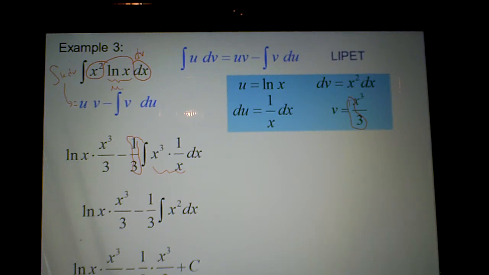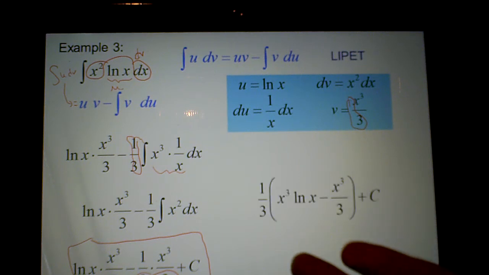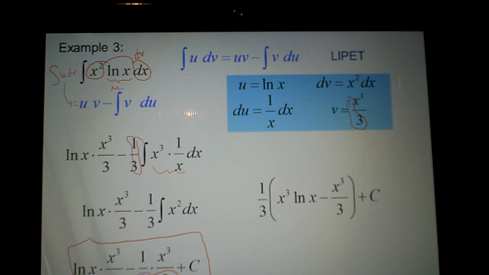Now, if I'm doing my work, a long answer, I'm pretty tempted to leave my answer like this. Maybe I'll multiply the 3 times the 3 and get the 9. If I'm doing a multiple choice problem, I will just clean it up until I match one of the answers. So here I factored out a 1/3. Big deal.